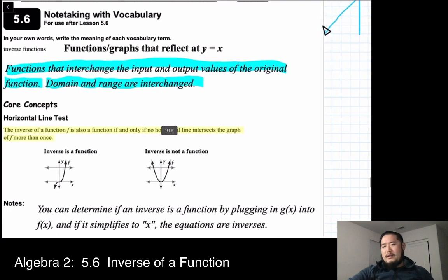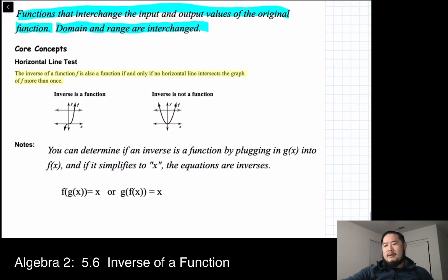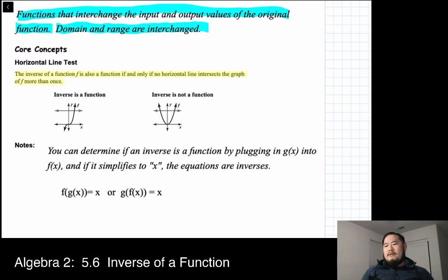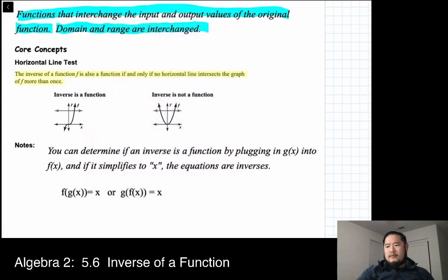Simply put, if we take a look next at this core concept, the inverse of a function f is also a function if and only if no horizontal lines intersect the graph of f more than once. So if you look at this first function right here, this is pretty similar to, let's say, an x to the third type function.